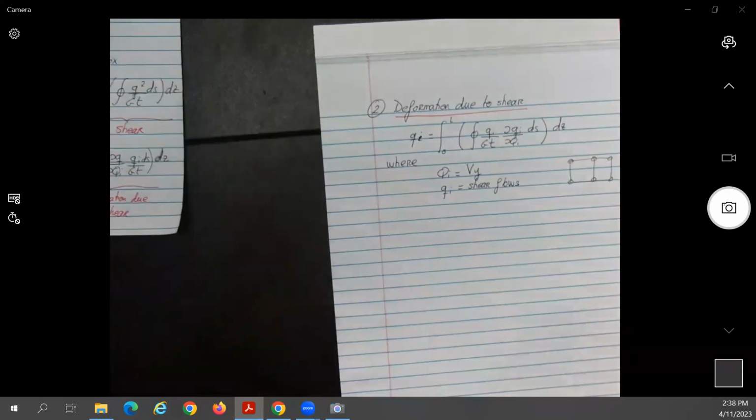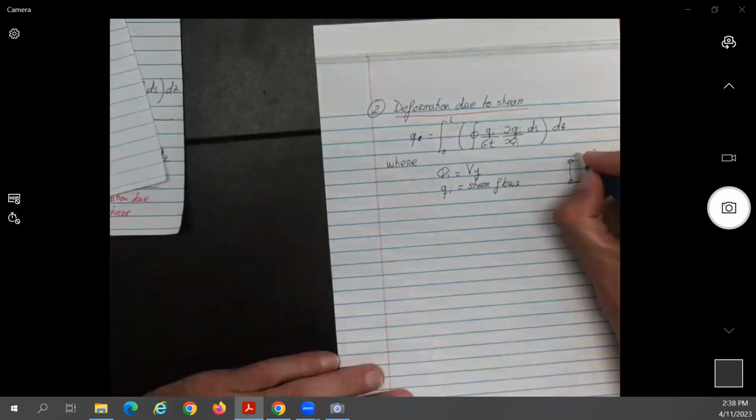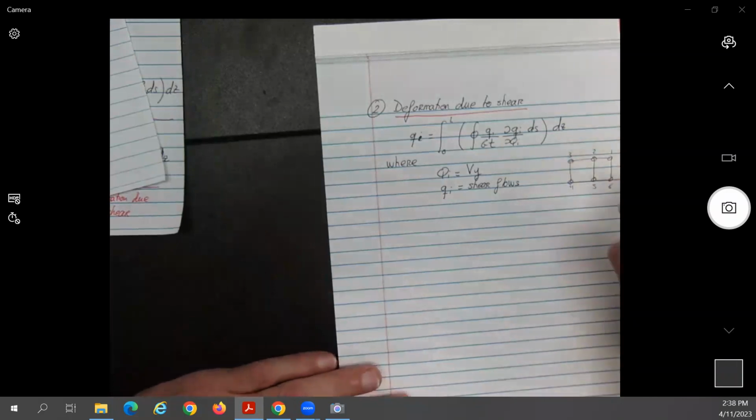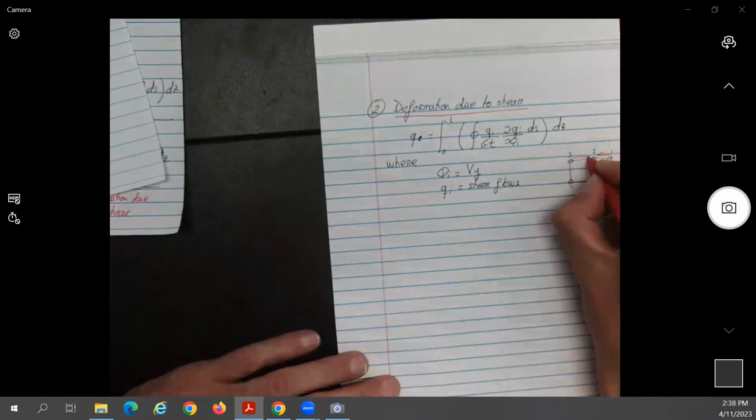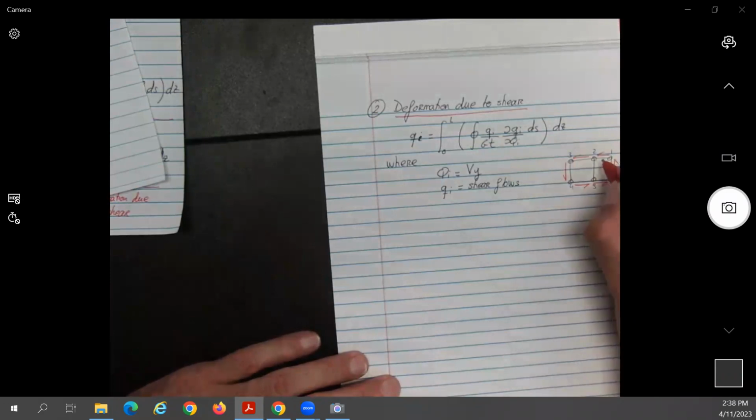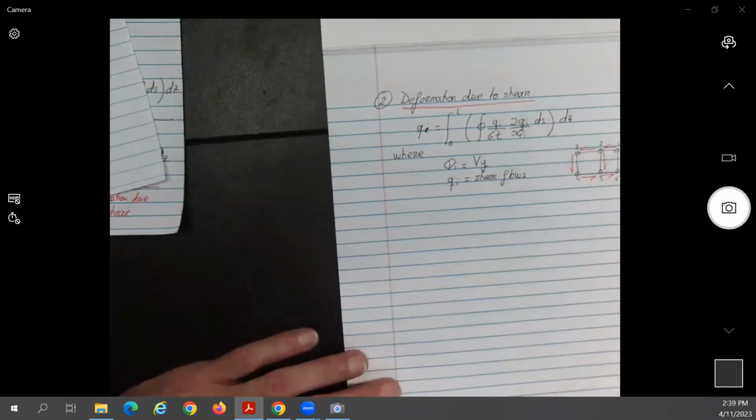Let's see the numbering: 1, 2, 3, 5, 6 will be all the different shear flows over here, no? So we need to determine all the different shear flows.